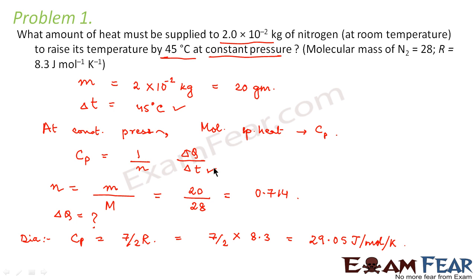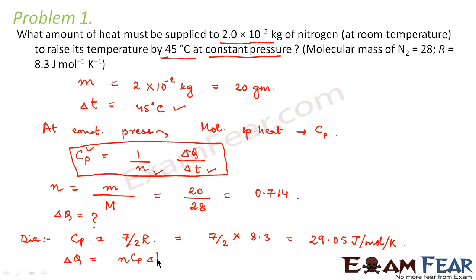Okay, so now we have all the three values. We know delta T, we know n, we know Cp. So this was the key expression to the problem. From this expression, delta Q is equal to n Cp delta T. So n is 0.714, Cp is 29.05 and delta T is 45.